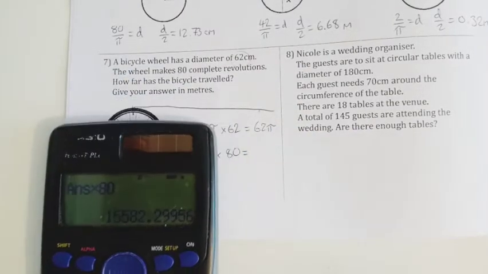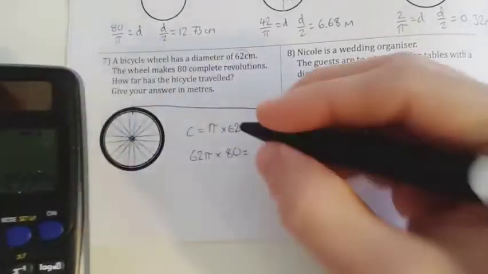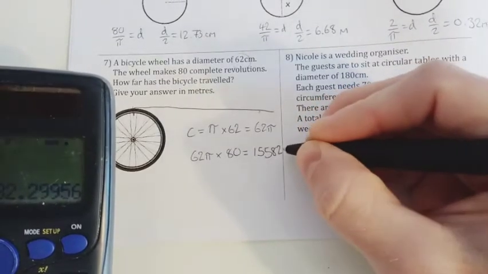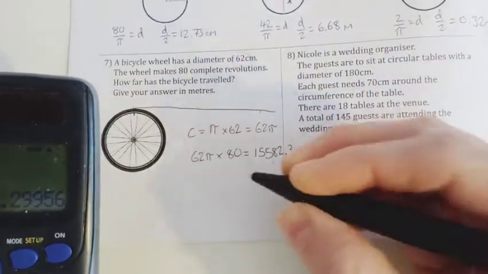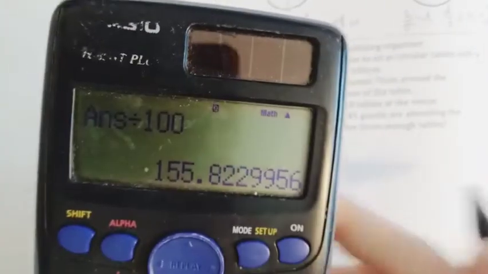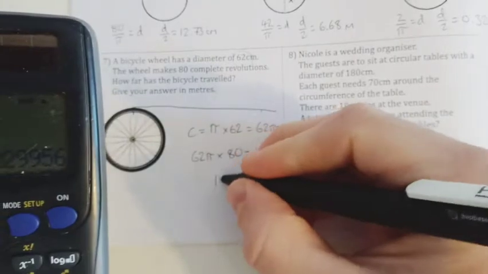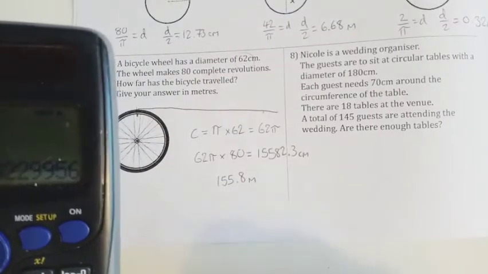But at this point, I'm going to give it in actual numbers. So that's 15,582.3 centimetres. And then I'm going to divide that by 100 to give me the answer in metres. 155.8. Should be accurate enough. Okay.